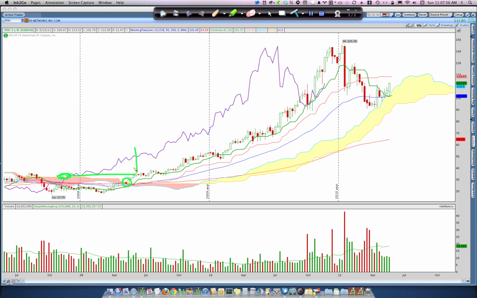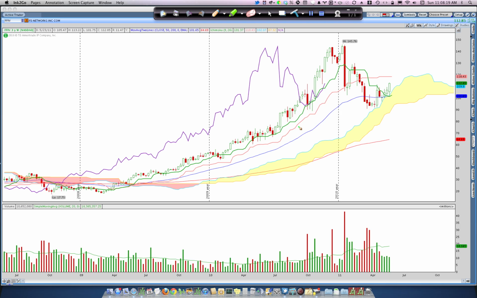That was our buy signal for FFIV on the weekly chart. And it was confirmed as mildly bullish by this cross under here. And that's exactly what we experienced. Pretty strong bullish period for FFIV.